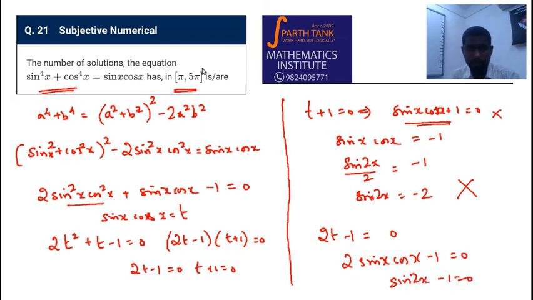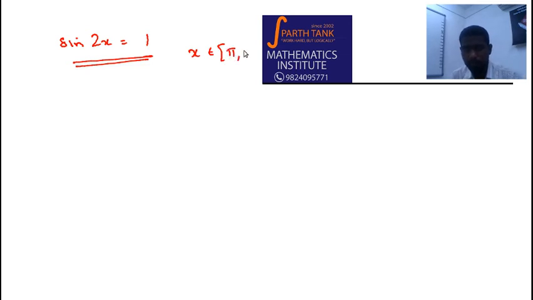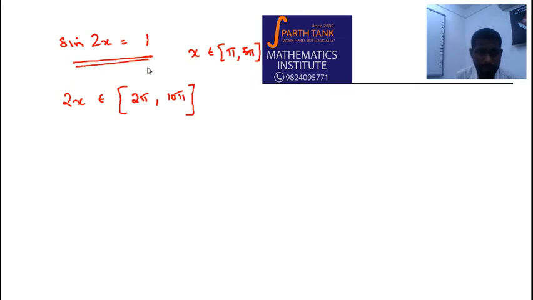Remember that the range of the solution should be pi to 5 pi. So I have sin 2x is equal to 1. Now x should belong to pi to 5 pi, so 2x can belong to 2 pi to 10 pi. So we are looking at solutions in this region.